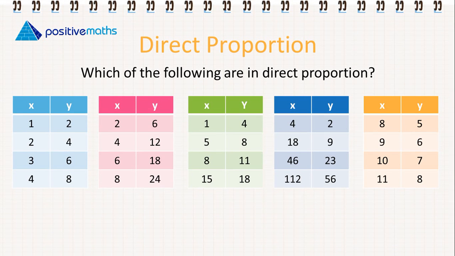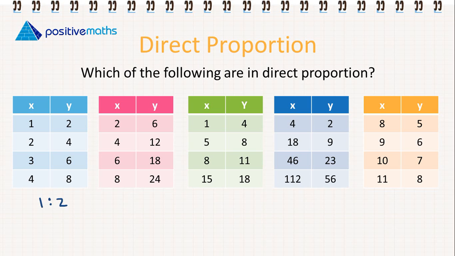Okay, which of the following are in direct proportion? So we're going to look at the 5 tables and see which are directly proportional. If we take each of these as a ratio in its simplest form, our ratio for the light blue table, first of all, is going to be 1:2. All of the other figures below also have the same ratio.